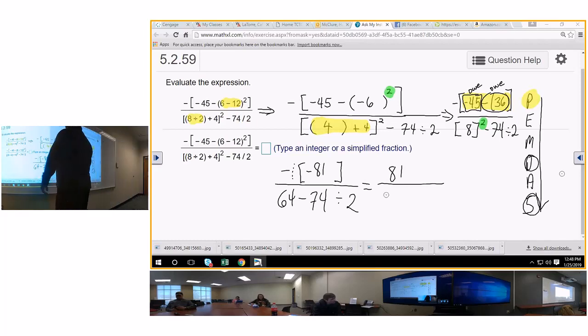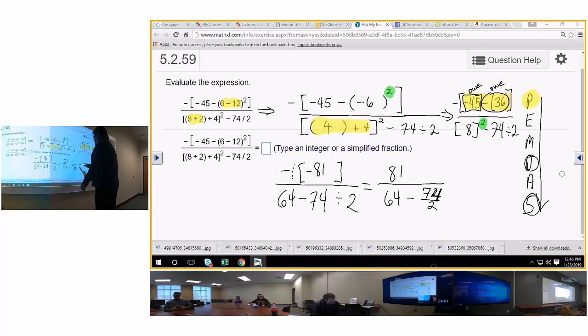So 64 minus 74 divided by 2. So what is 74 divided by 2? 37. 64 minus 37, and that's 27.